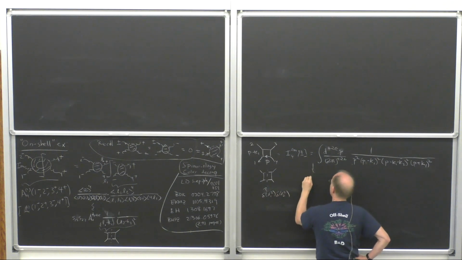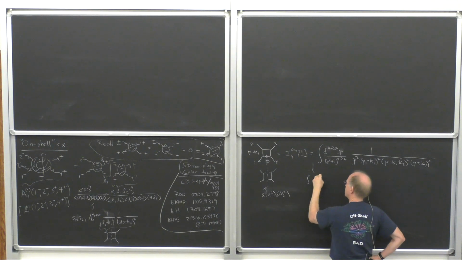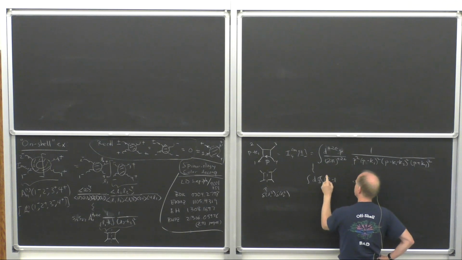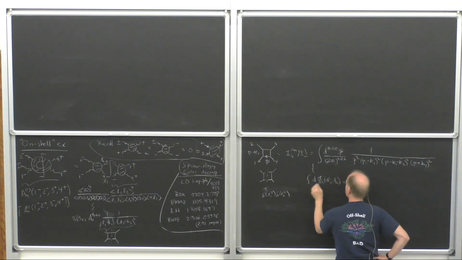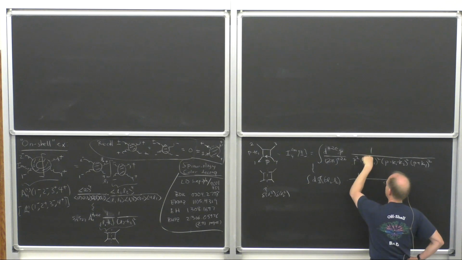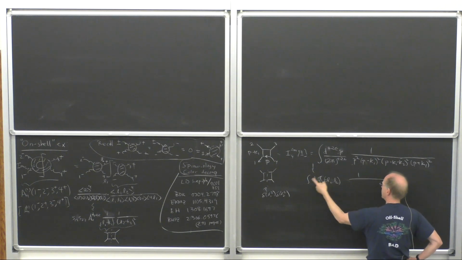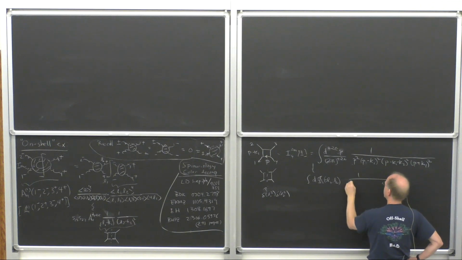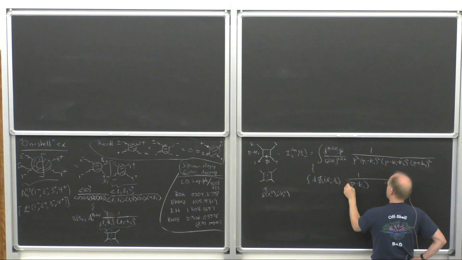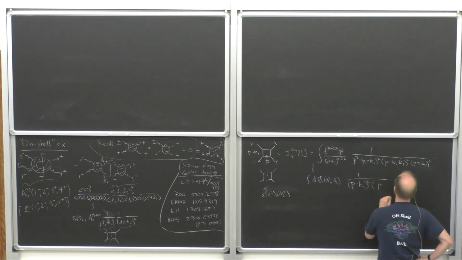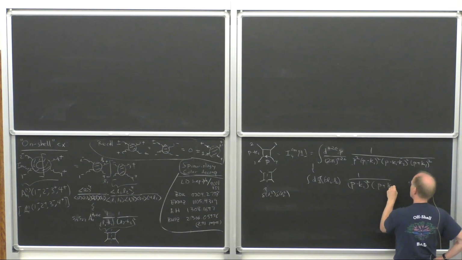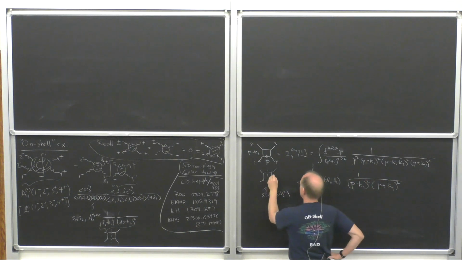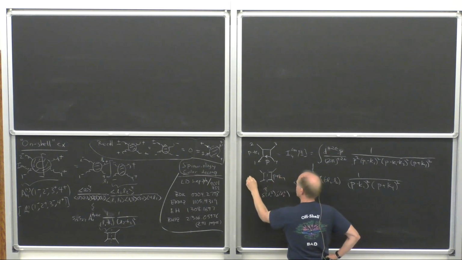And that turns this into an integral over the 2-body phase space for this L1, minus L1, L2. It essentially removes these propagators, replacing them by delta functions, which reduce the loop momentum to a phase space integral. And it only leaves behind these 2 propagators here, which have P plus K4 and P minus K1.